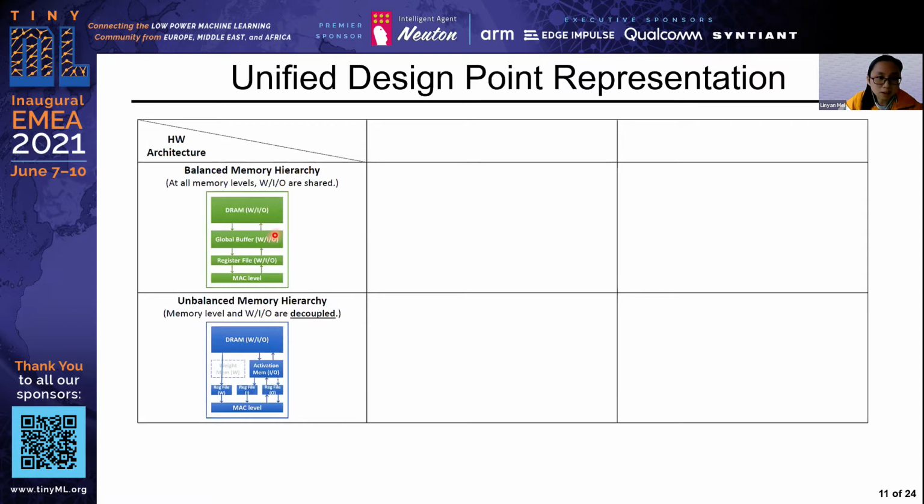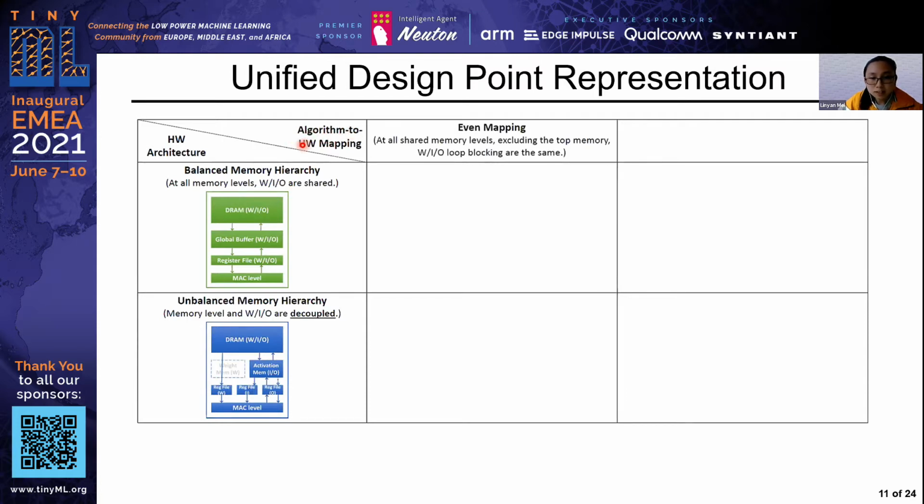So basically, every memory level stores all three different operands, or unbalanced memory hierarchy, in which case the memory levels and the W, I, O three operands are decoupled. It allows, for example, for weight, I only have two memory levels, whereas for input and output, I can have three levels. And then on the other dimension, I put the algorithm to hardware mapping.